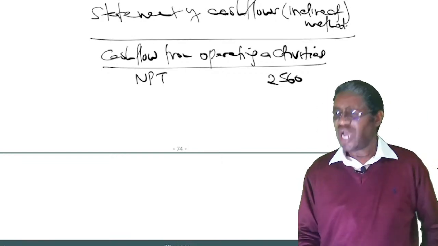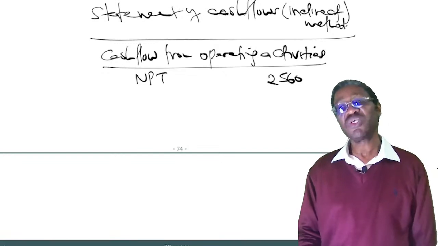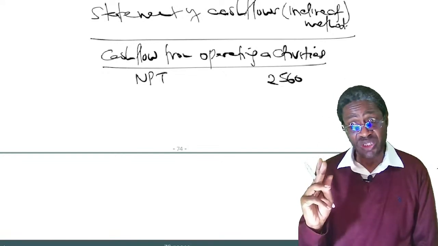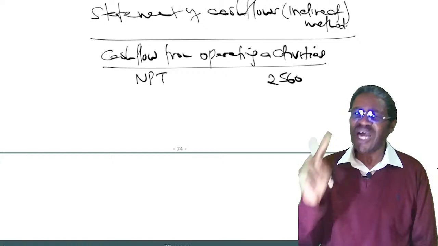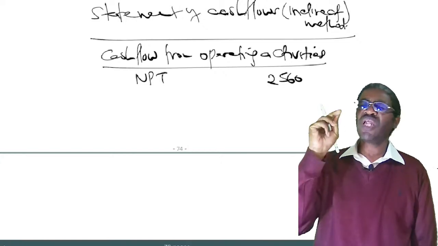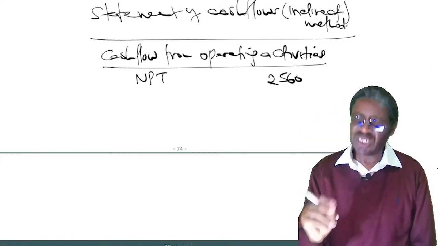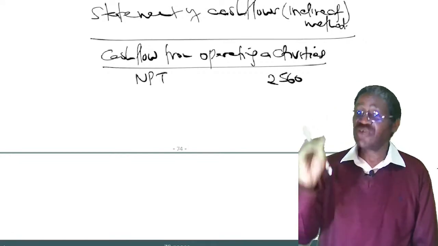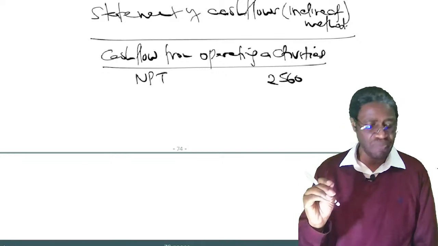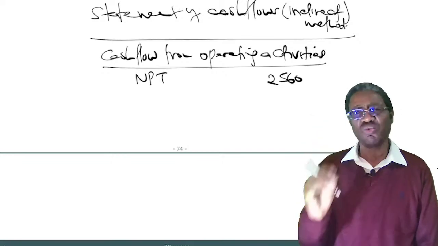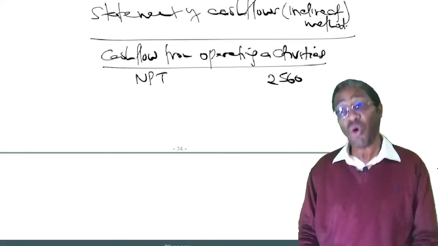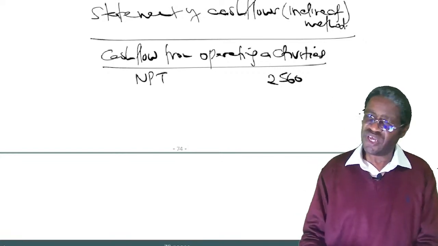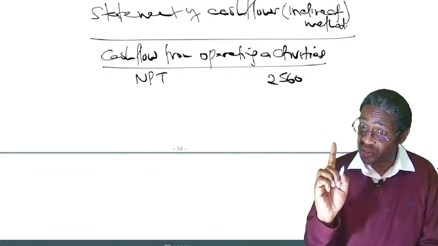Listen, I hope you still remember we said there are two non-cash items that will ever be found in any question of cash flow. Whenever you are doing a question on cash flow, there are always two non-cash items that you will find. One of them is depreciation.